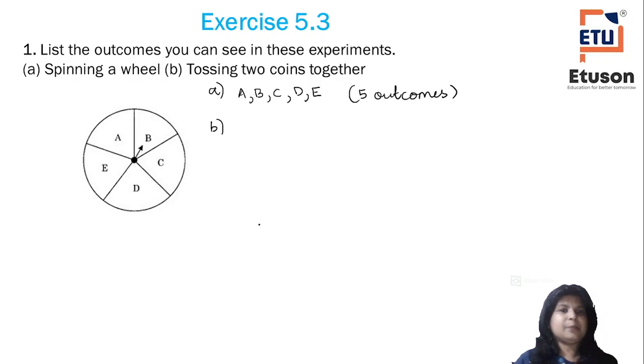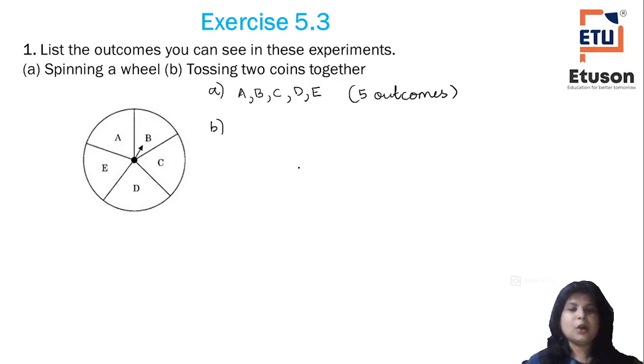Now, let us go to bit B. Tossing 2 coins together. So, hope you remember, if you toss the coin, either you will get a head or tail. Now, you have to toss the coin twice. So, that means if you toss the coin twice, maybe in the first tossing you will get head, and in the second tossing also you may get head.